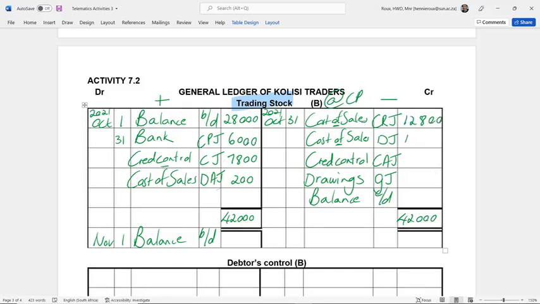We sold on credit, cost price of 10,200. We returned to creditors, the owner took at cost price. So if we subtract those four from the 42,000, then we get the balance of 17,460.